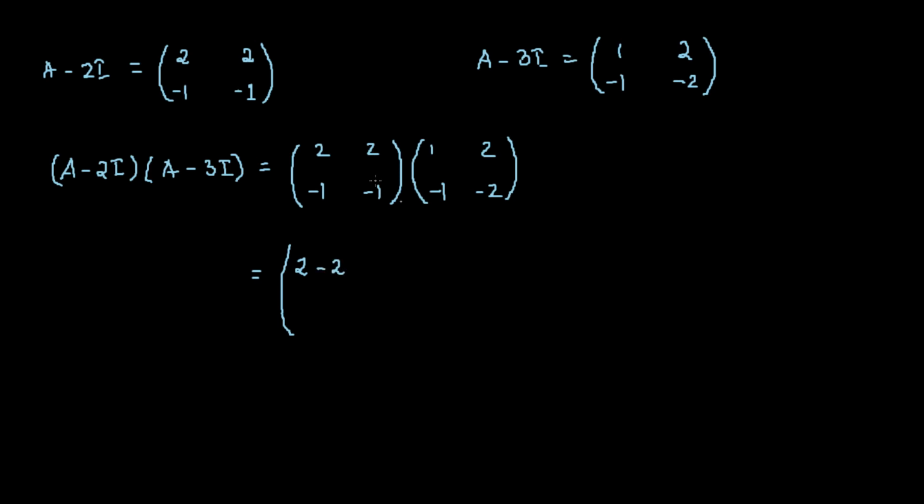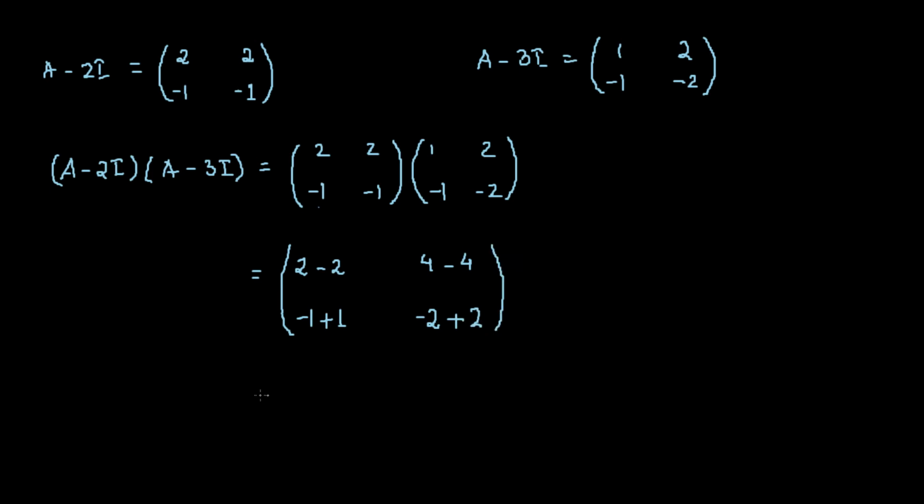For the second element, we have 2 times 2 is 4, and 2 times -2 is -4. Then for the third entry, we have -1 times 1, which gives us -1, and -1 times -1 is positive 1, so we add positive 1 to it. Then we have -1 times 2, which is -2, and -1 times -2 is positive 2, so we add positive 2 to it.